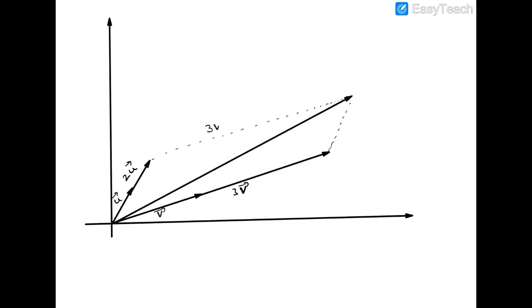Then this diagonal line is the resultant of 2u and 3v. So 2u plus 3v is represented by this diagonal, and this is a linear combination of u and v.